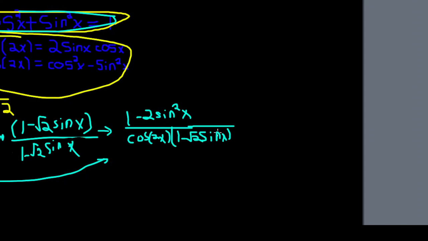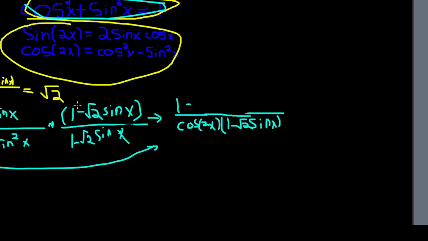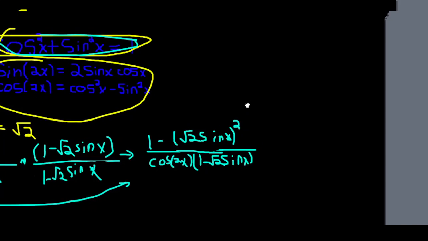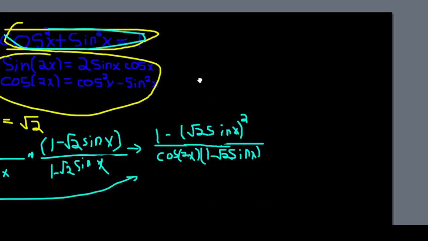And then what I can do here is say, well, what's 1 minus, well, actually, back up a minute. Remember when we wrote that, it was difference of squares. So really, it was 1 minus square root of 2 sine of x squared. Yeah, I'll show you in a minute why that's useful. So what is this? Well, actually I changed my mind. I'm going to keep it that way.